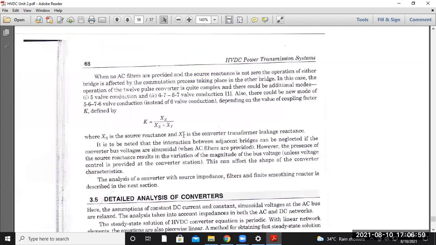As you can see, it is given as k equal to xs upon xs plus xt, where xs is the source reactance and xt is the converter transformer leakage reactance. It is to be noted that the interaction between the adjacent bridges can be neglected if the converter bus voltage is sinusoidal.